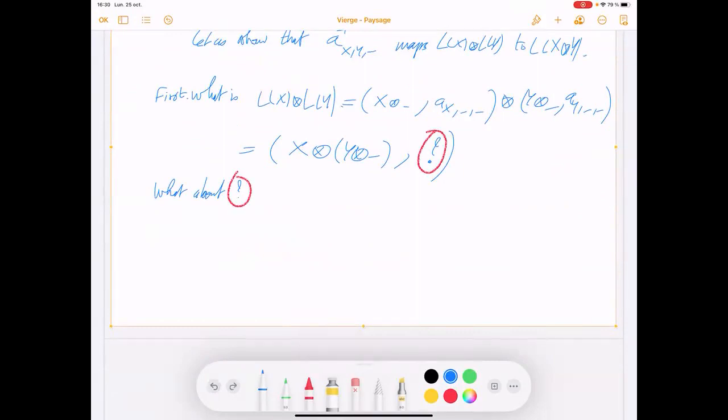So in general, we have the general notation, the general formula. And we will apply this formula in this case.